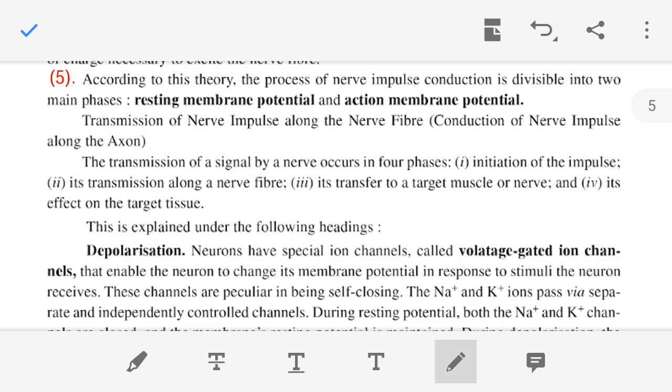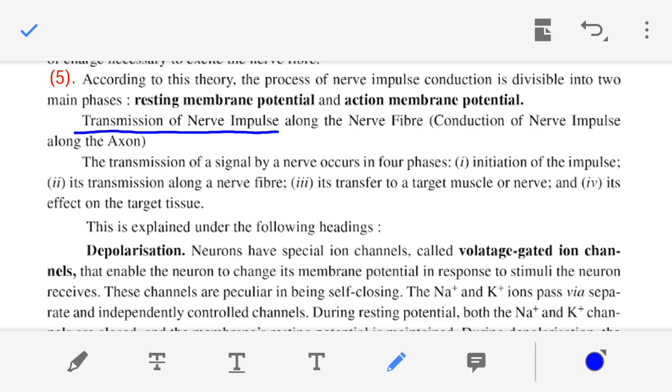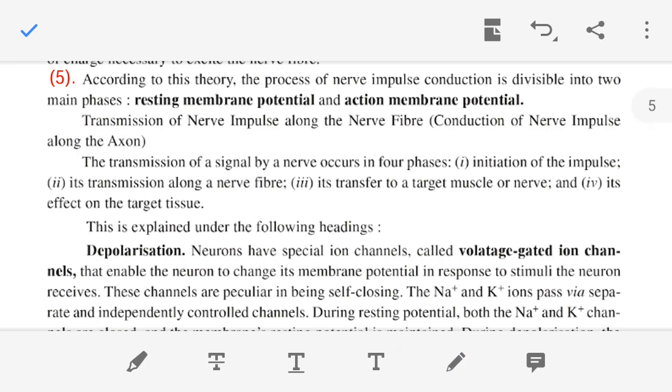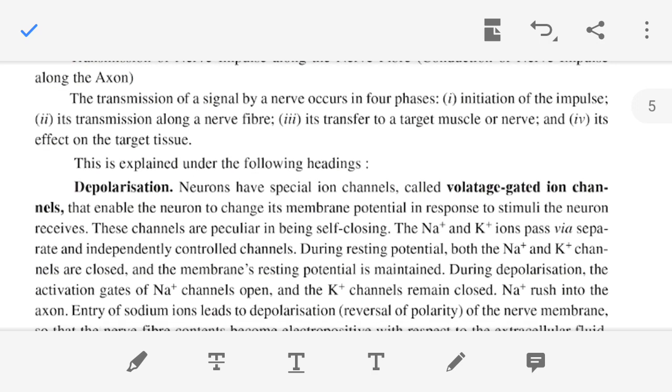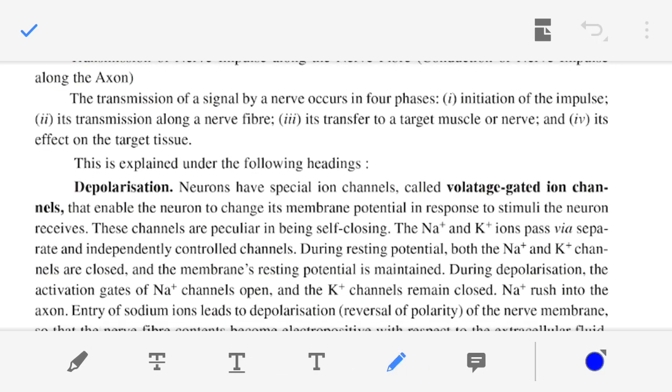Now transmission of nerve impulse along the nerve fiber, also known as conduction or propagation of nerve impulse along the axon. So transmission of signal by a nerve occurs in four phases.